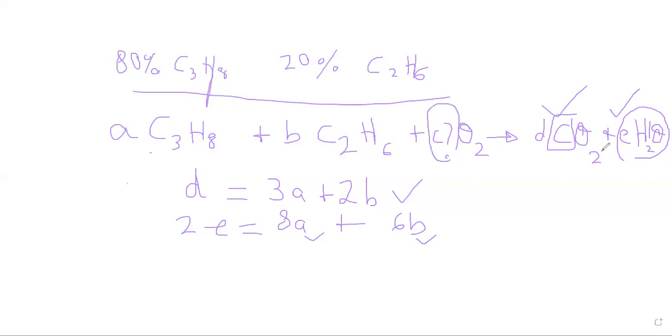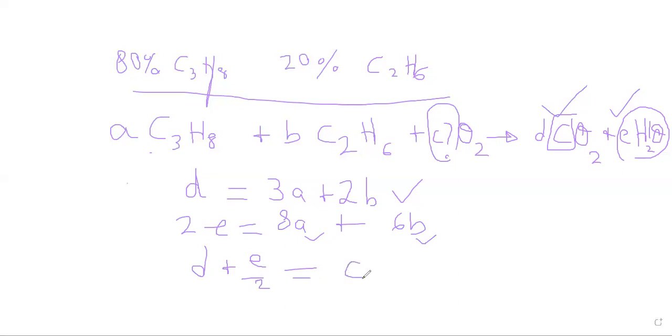So for O, if I consider the number of kilomoles of O2 before and after, after I have for O2, D plus E over 2, because as we mentioned, we need 2 atoms of oxygen to form 1 molecule of O2. So D plus E over 2 is equal to C.